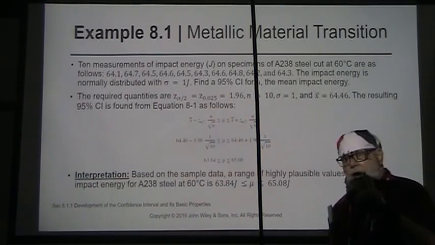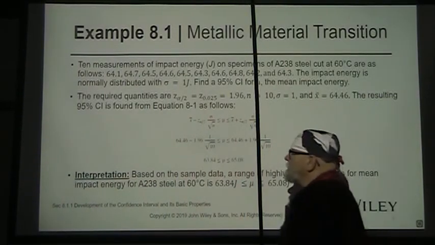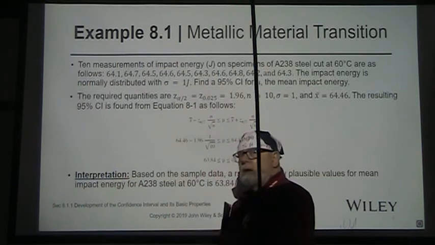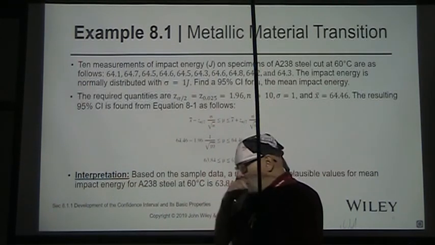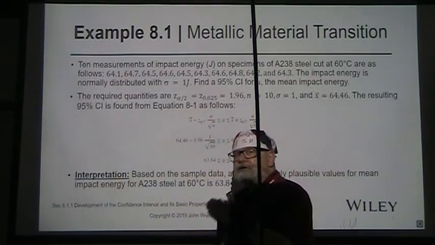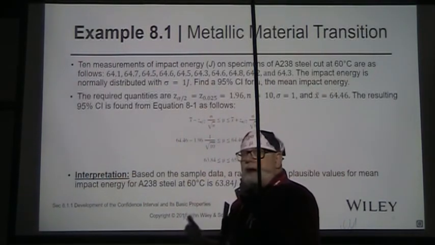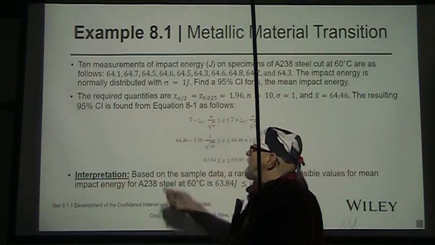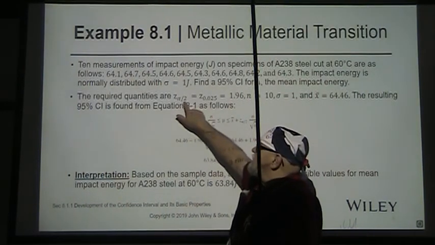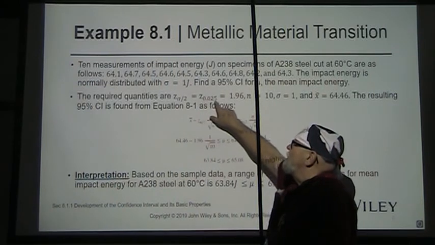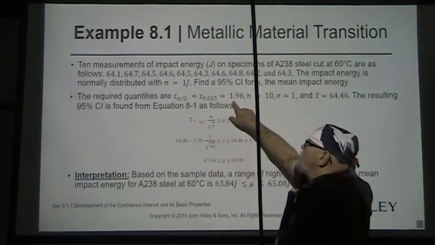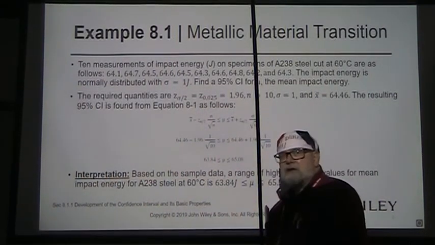All right, so these guys, in the examples in the slideshow, they take a lot of shortcuts that I wouldn't take. So z alpha divided by 2 equals z of 0.025 equals 1.96.